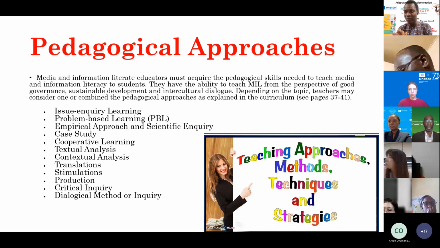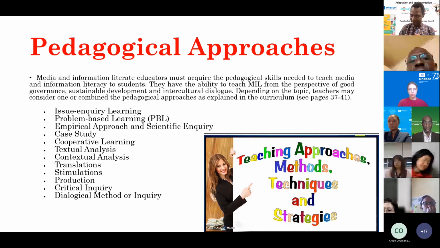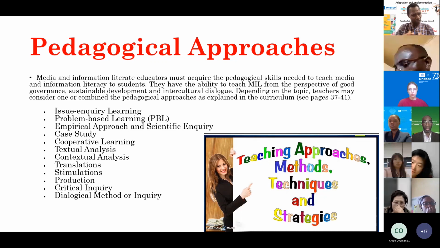I've explained to you the approaches, which I say are three: the SDGs, intercultural dialogue, and good governance. That is pedagogical approaches. I've talked about pedagogical framework, which will be constructive learning, transformative learning, collaborative approach, integrative approach, humanistic approach, or personalized or customized learning approach.